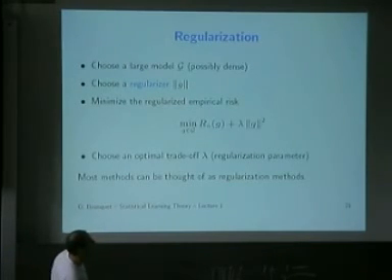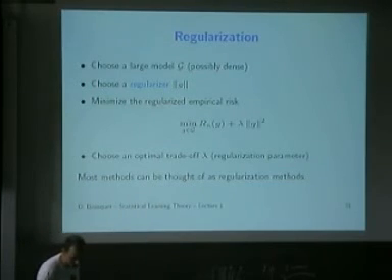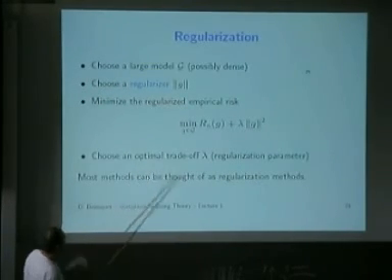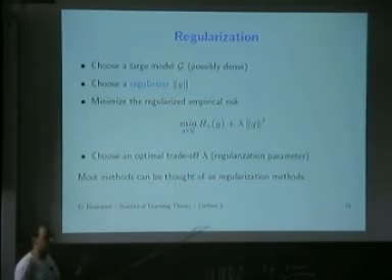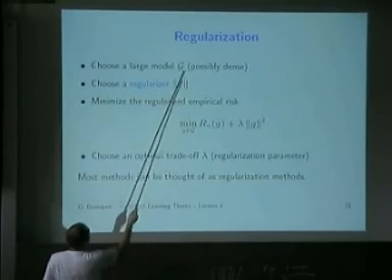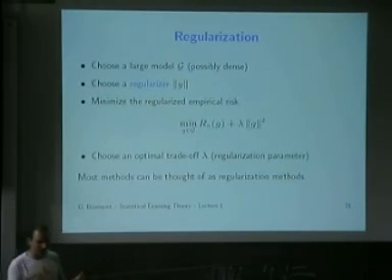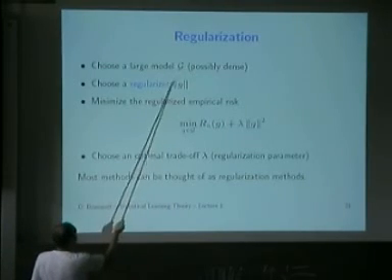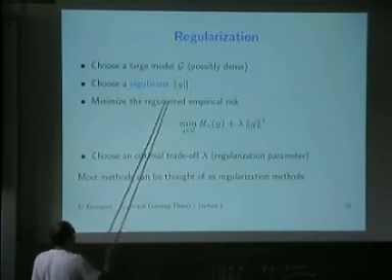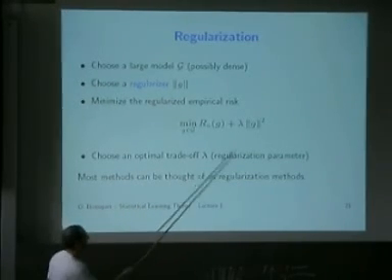So another very much related approach is what is called regularization. If you look at the optimization problem, it is almost the same. The difference is that we don't assume now that we have a discrete sequence of models. We just choose a very big model G, which contains all these models, and we choose a functional, say a norm, of G, which is our penalty term, and we put it here.